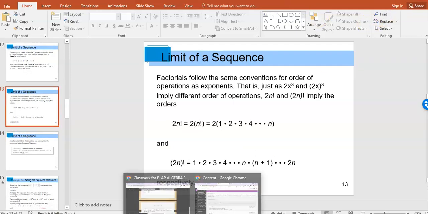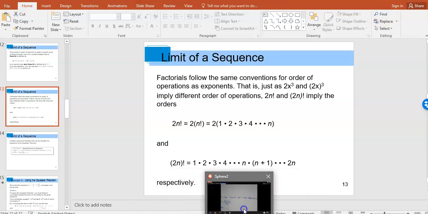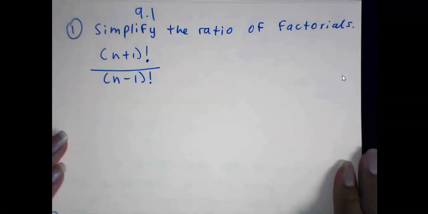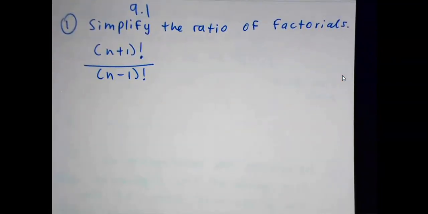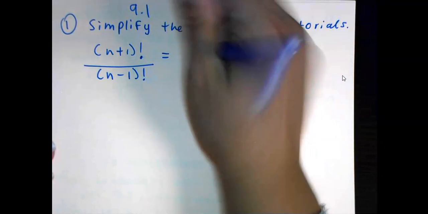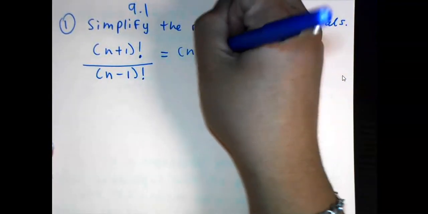Okay, so I went and created the assignment, and then I'm going to go over questions right from your assignment. Okay, so this first one is just asking us to simplify the ratio of factorials. Okay, so what does that mean? Again, I start with what I'm given, and then I go back. What does n plus 1 mean?